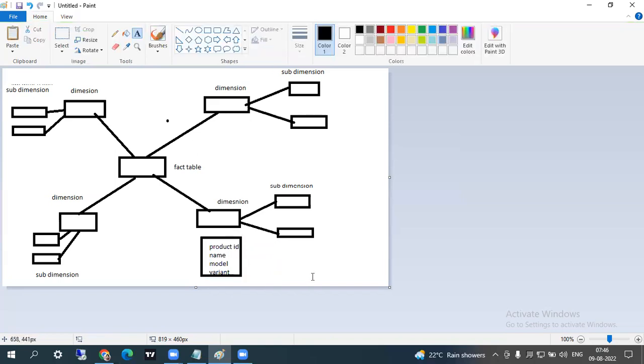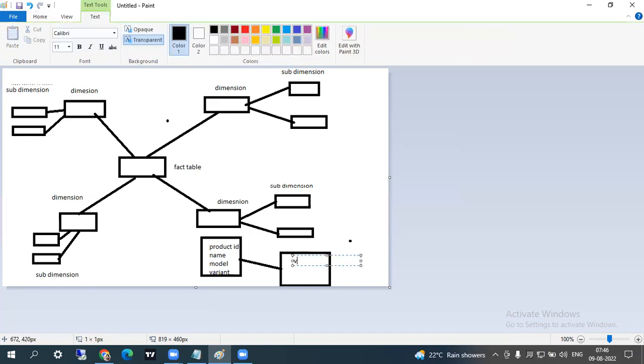So for variant, again I will capture in another subdimension table, in another table. What was the variant name? What was the fuel type?